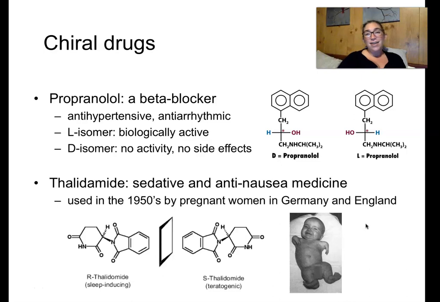I think it's been licensed for use again, not for pregnant women, but it also works as an anti-cancer drug because it prevents angiogenesis, or blood vessel formation, and that's how it affected the limb formation, because it basically kills the vessels growing to feed the limbs so they can't grow.